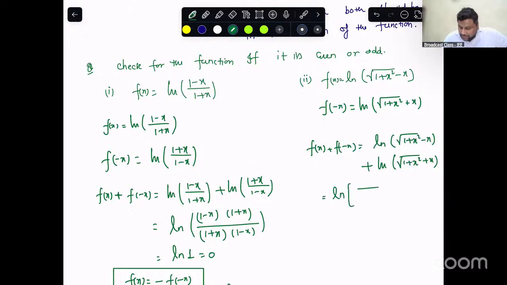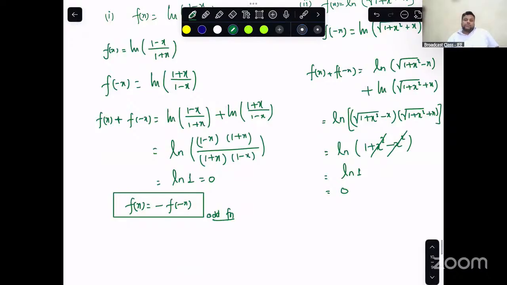That is ln of root (1 plus x square) minus x into root (1 plus x square) plus x. That is ln of 1 plus x square minus x square. X square cancel. Ln 1 which comes out to be 0. And if it is 0, then again function is what? Odd function. Am I correct? Tell me, did you understand it?